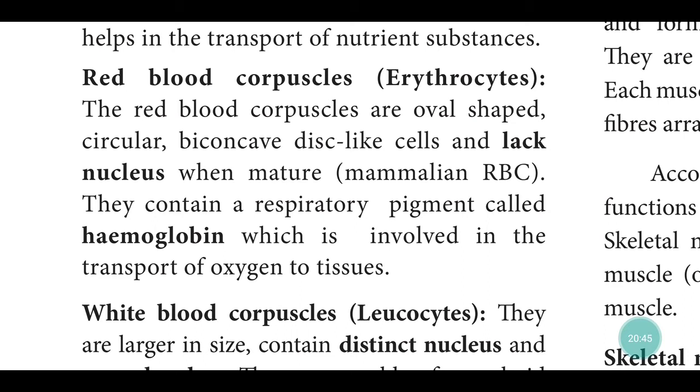Instead of a nucleus, they consist of hemoglobin. Mature mammalian red blood cells contain a respiratory pigment called hemoglobin, which is involved in the transport of oxygen to tissues. First of all, a red blood cell will have a nucleus, but when it matures, out of its total 120 days lifespan, for the first 20 days it will have a nucleus, but after 20 days it will lack its nucleus.